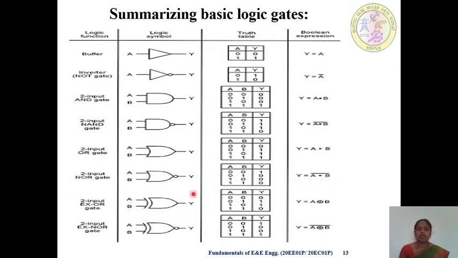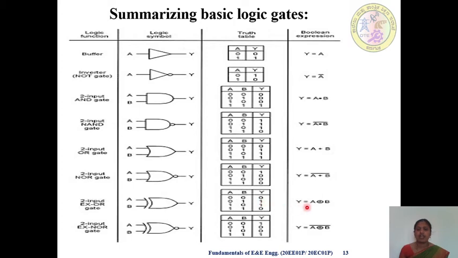Next is the XOR gate. The XOR gate consists of two inputs A and B, and Y is the output. Now observe the truth table. Y is equal to 0 only when both the inputs are the same. That is, when both are 0 or when both are 1, the output is 0. Otherwise it will be 1.